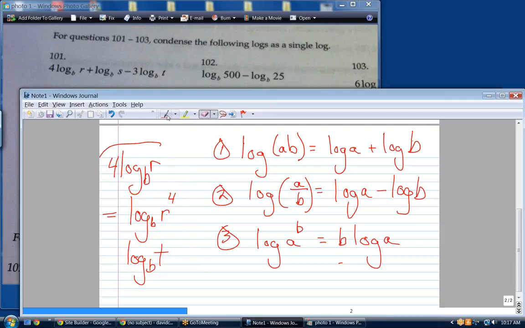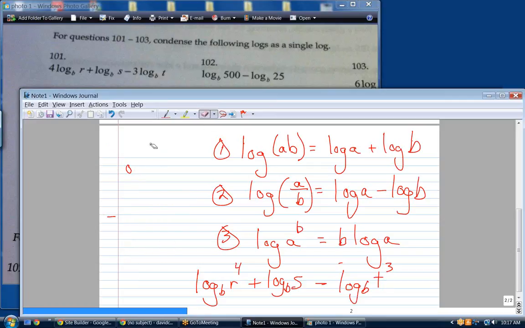So I'm going to raise that one to the 3rd. So on the bottom, I'm going to write what we have. We have the log base b of r to the 4th plus the log base b of s minus the log base b of t to the 3rd, right? That's the first step in condensing it.